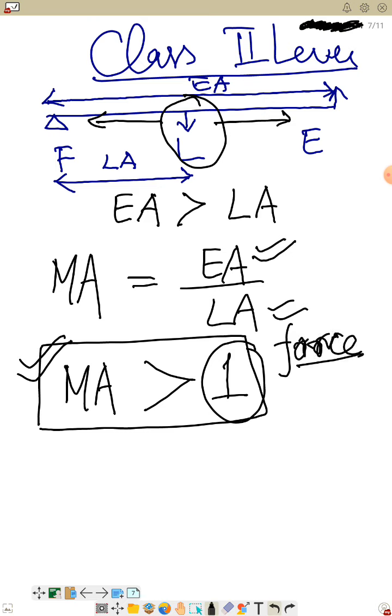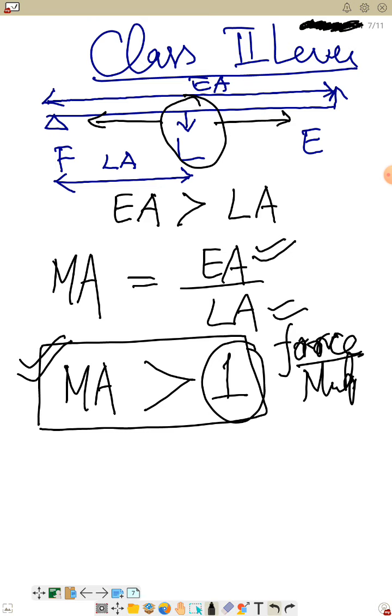Force multiplier. So you have to understand here that mechanical advantage of class 2 lever is always greater than 1, hence class 2 lever always acts as a force multiplier.